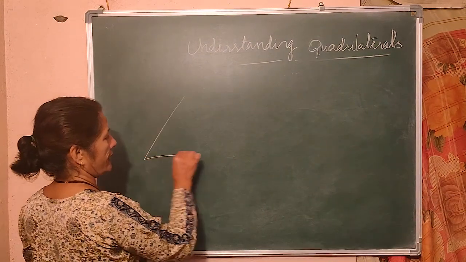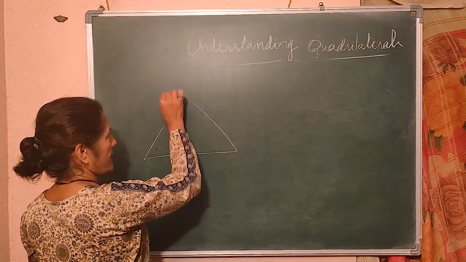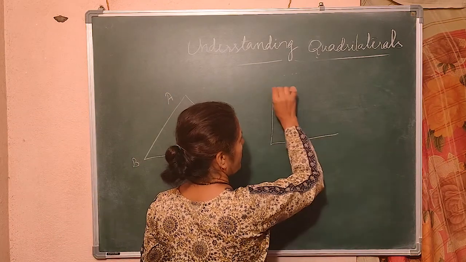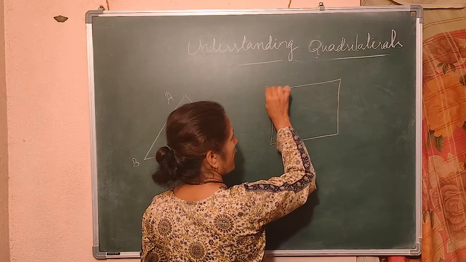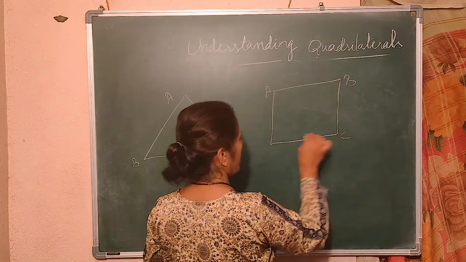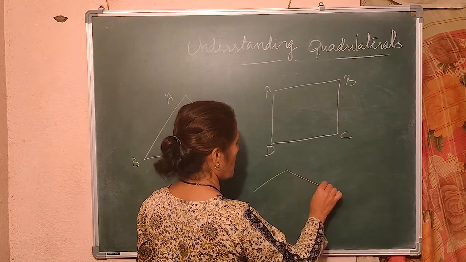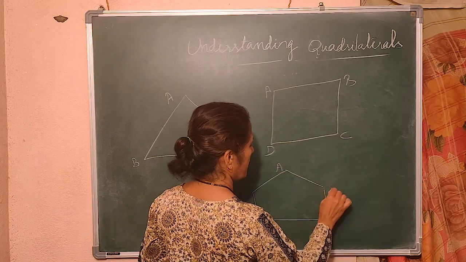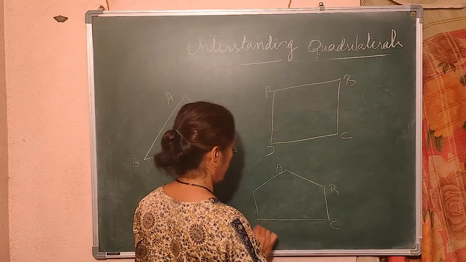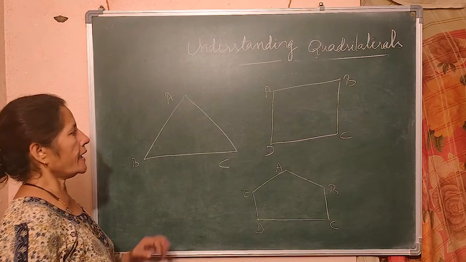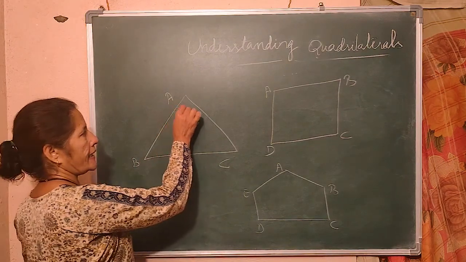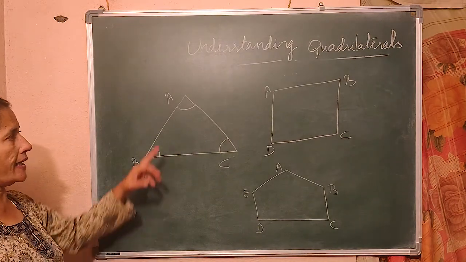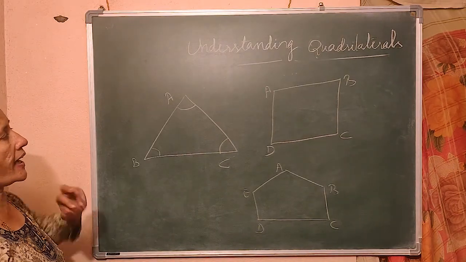I draw one triangle and I name it A, B, C. I draw one quadrilateral and I name it A, B, C, D. I draw a pentagon and I name it A, B, C, D, E. Now in a triangle, angle A plus angle B plus angle C is equal to 180. Right? Now what is the exterior angle here?